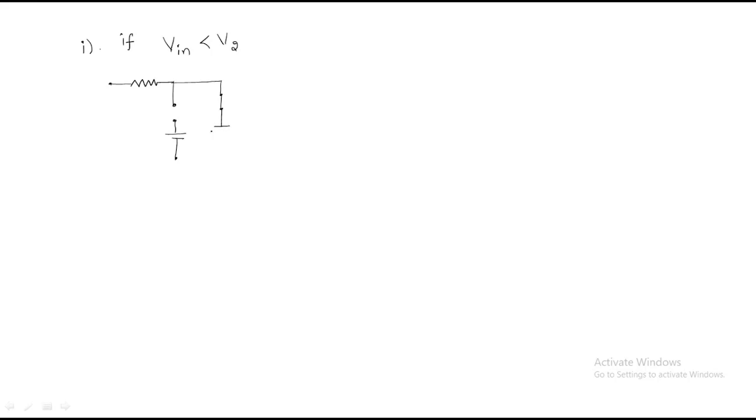This is V1 and V2, and this is the RL, the load resistance. The output voltage V0 is here, and this is the input voltage.